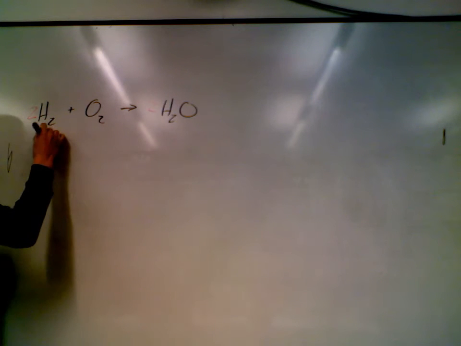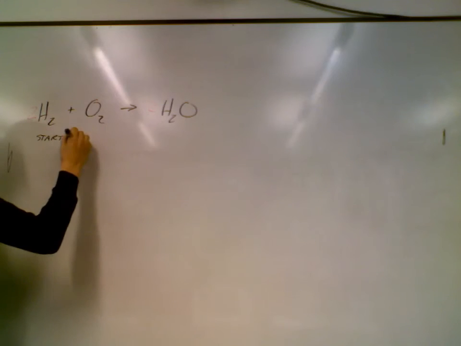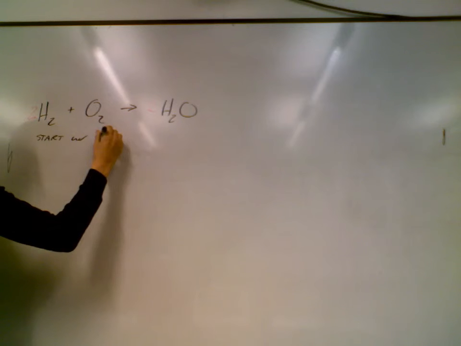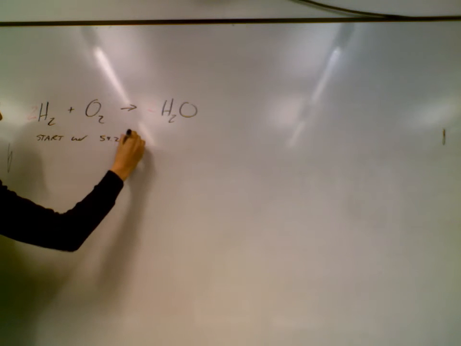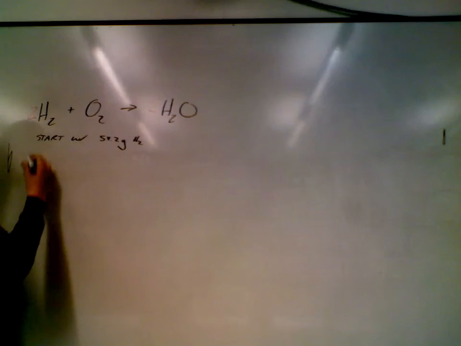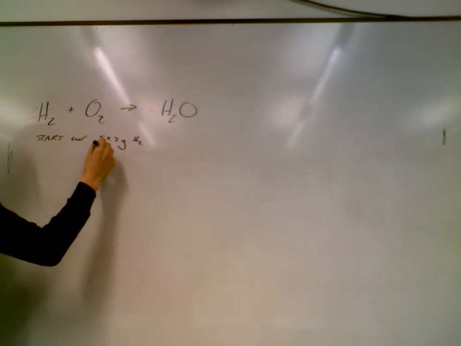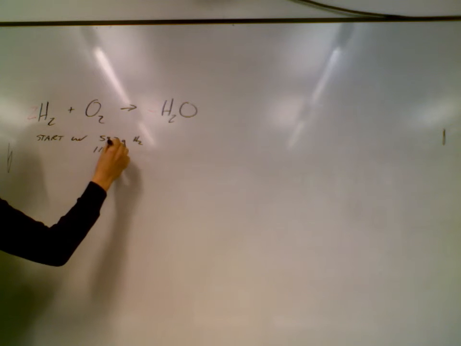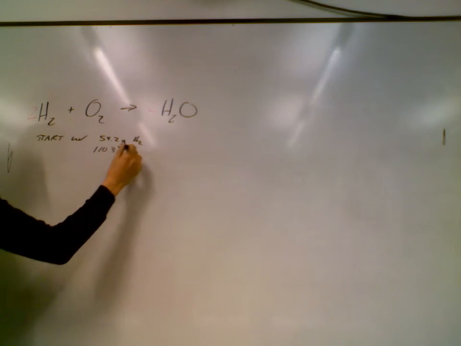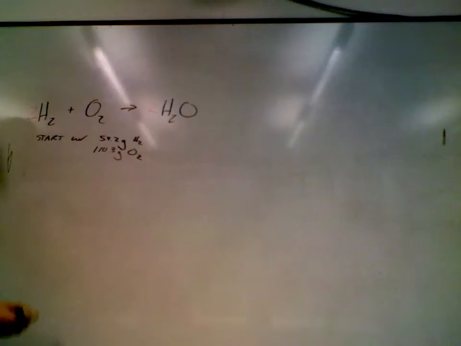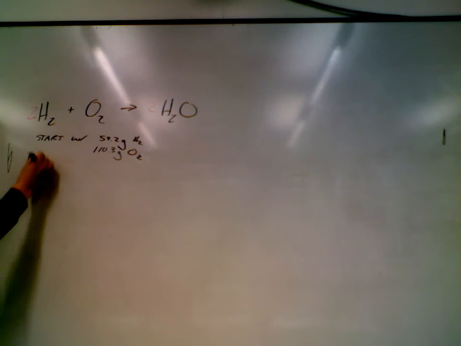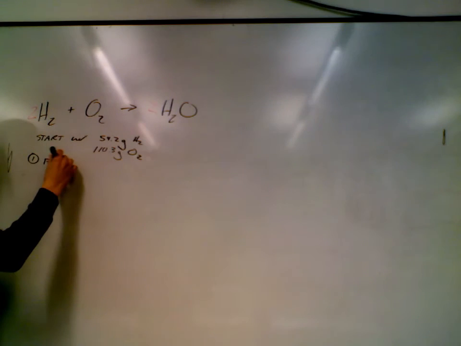Now, let's say that we start off with 54.2 grams of H2, and let's do 110.3 grams of O2. First thing we want to do is find the limiting reactant.